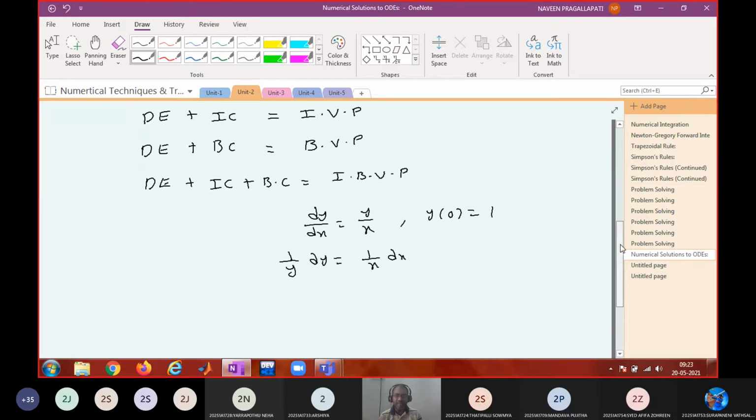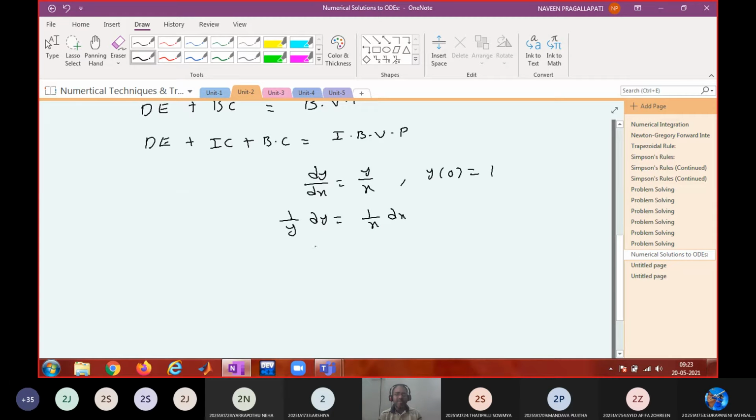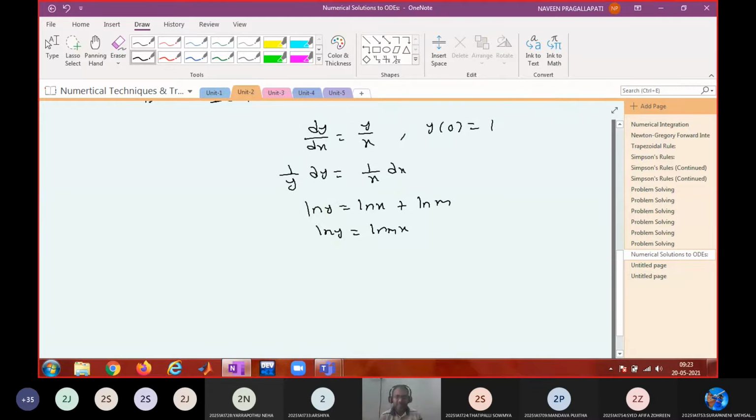These are variables separable, so when I integrate, log y is equal to log x plus, instead of c, because both are logarithms, I can add log c, or log y equal to log cx. For better readability, I may call it m, where m is the arbitrary constant.